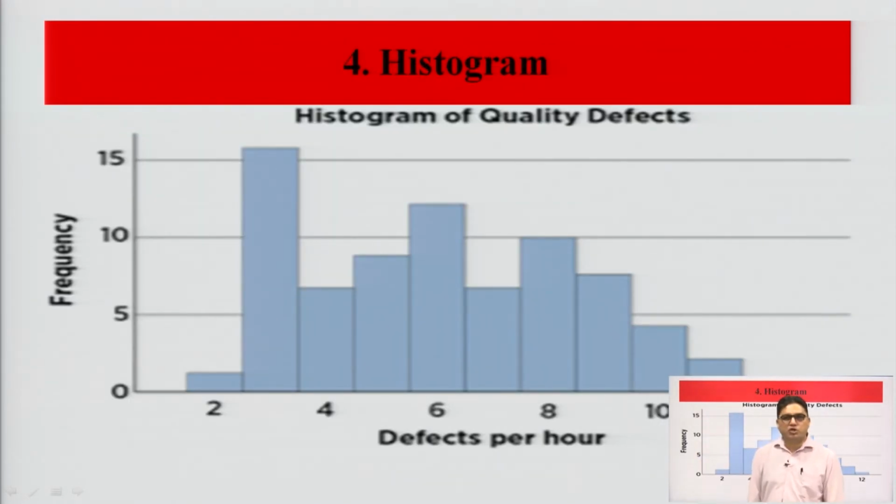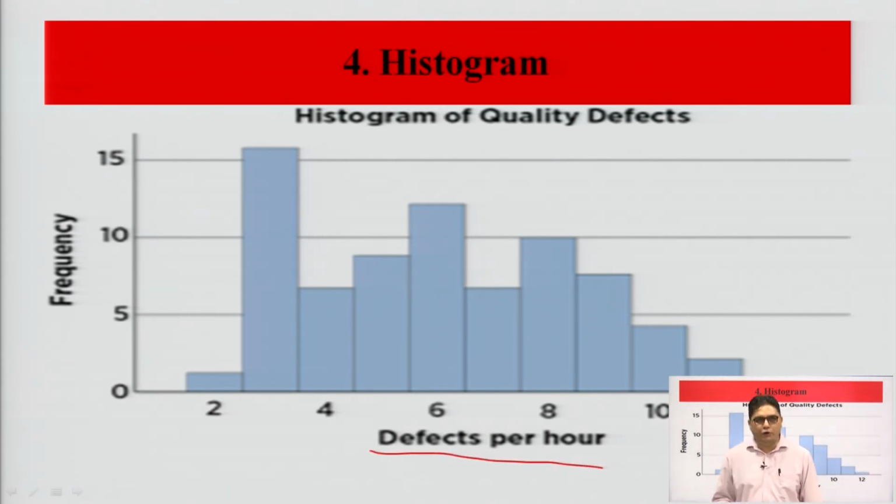Next, it is about the histogram. A histogram is used to show quality defects or quality issues inside a particular organization, in our manufacturing or in our service process. As we have seen over here, on the y axis it is frequency, and on the x axis it is going to be defects per hour.